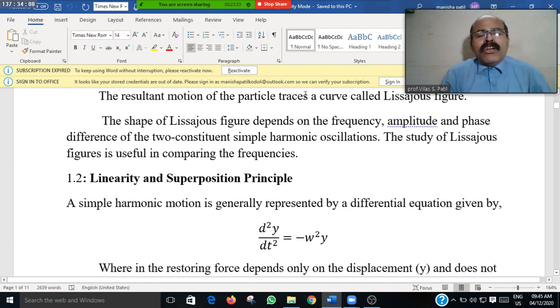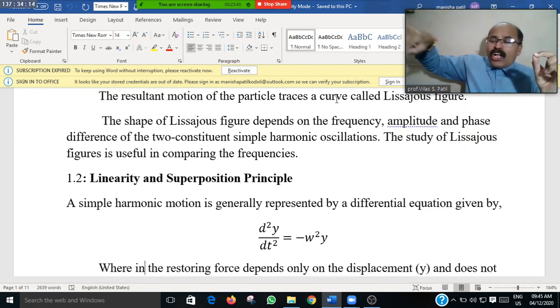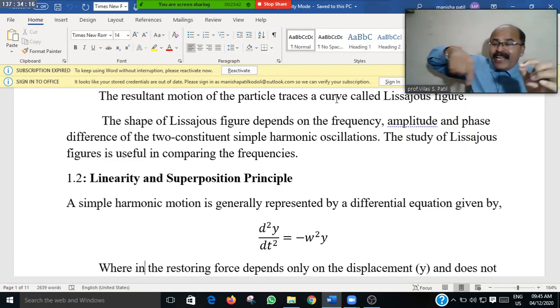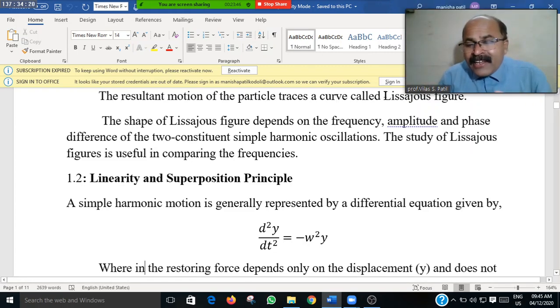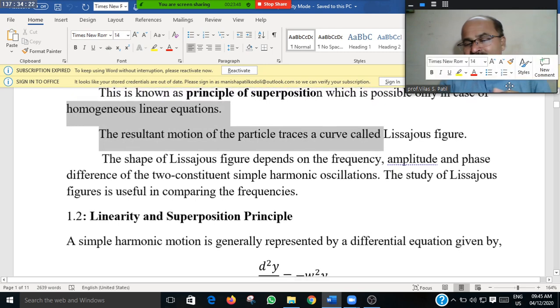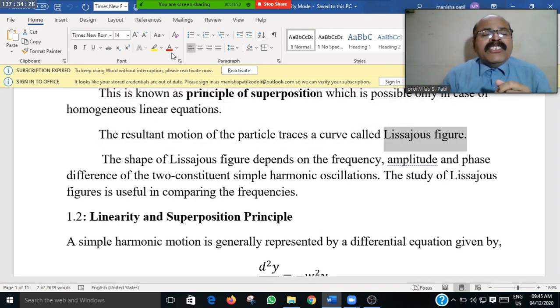The resultant motion of the particle traces a curve. The resultant motion traces the curve of the SHM, and that curve of the motion will be known as a Lissajous figure.